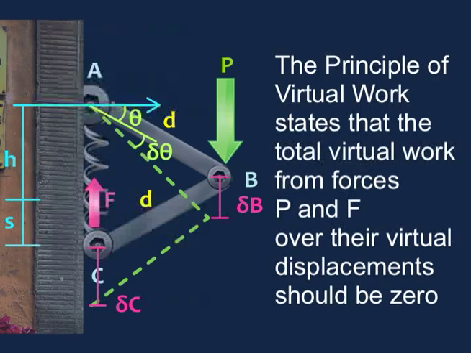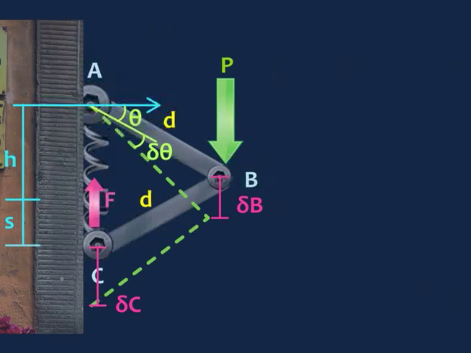Now, the principle of virtual work states that if the system is in equilibrium, the total virtual work produced by the external force P and the spring force F over their corresponding virtual displacements should be zero. Since work equals force times displacement, we have virtual work equal to force times virtual displacement.